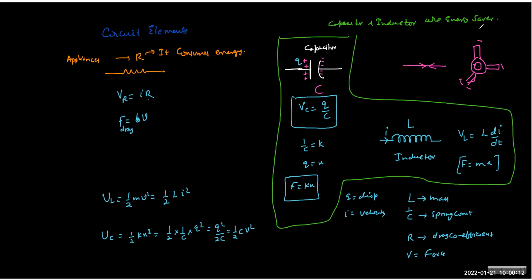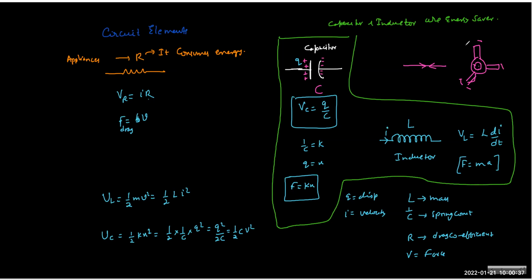So when we create a circuit, we want our appliances to work properly, which means we must believe that R is present. And if R is absent, it means energy will never be consumed. So whether energy is consumed or not depends on the presence or absence of R, because the capacitor and inductor are only energy savers.